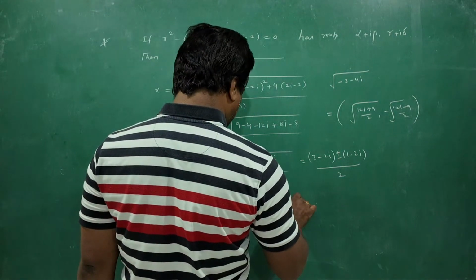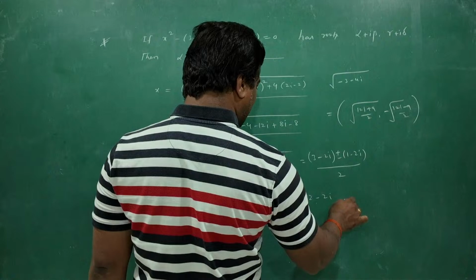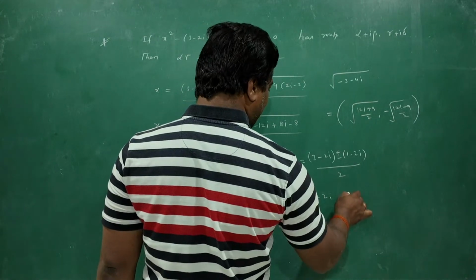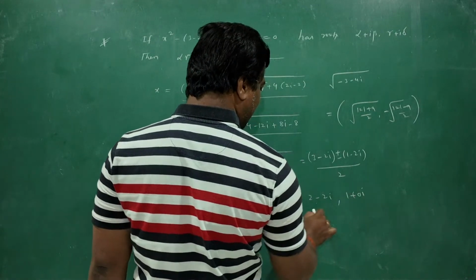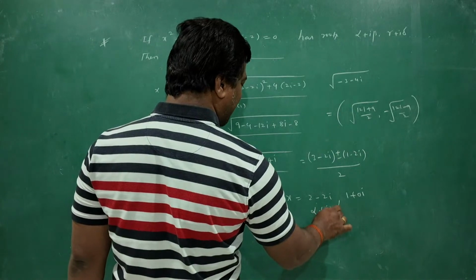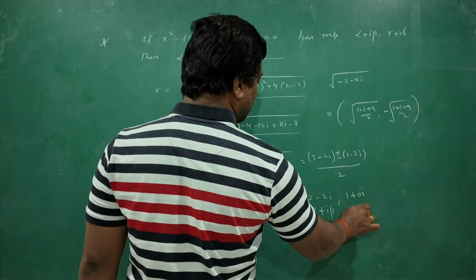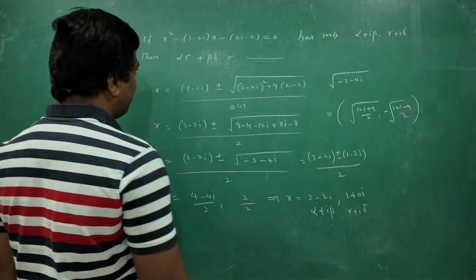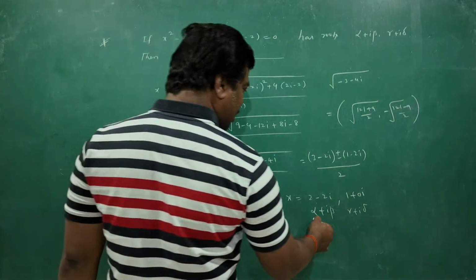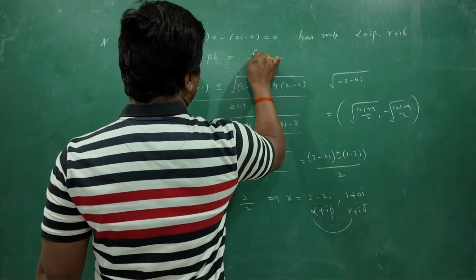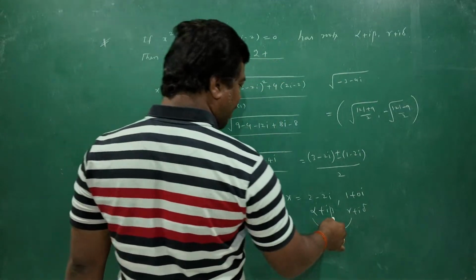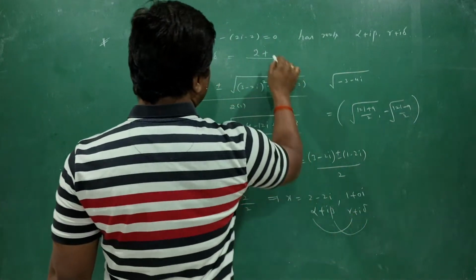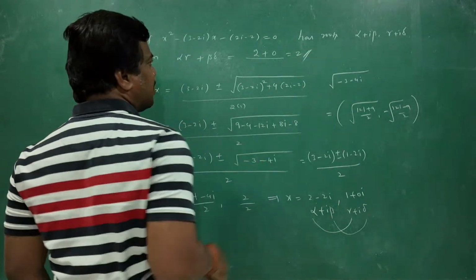That implies I can write x value 2 minus 2i comma only 1, nothing but 1 plus 0i. Comparing with alpha plus i beta, gamma plus i delta, first you need to find alpha into gamma, 2 into 1, that is 2. Next plus beta into delta, that is 0. So that your answer is 2.